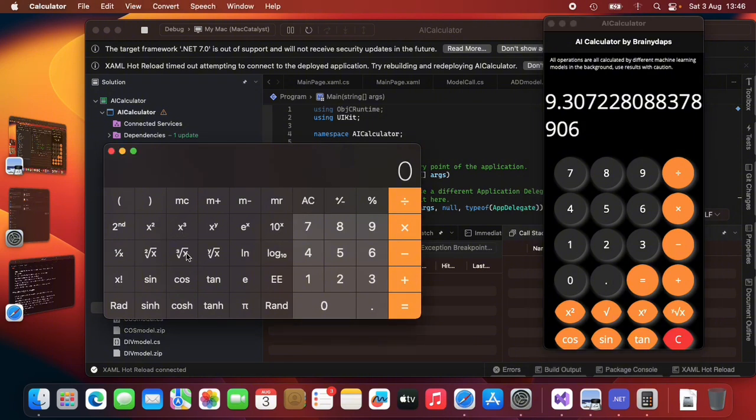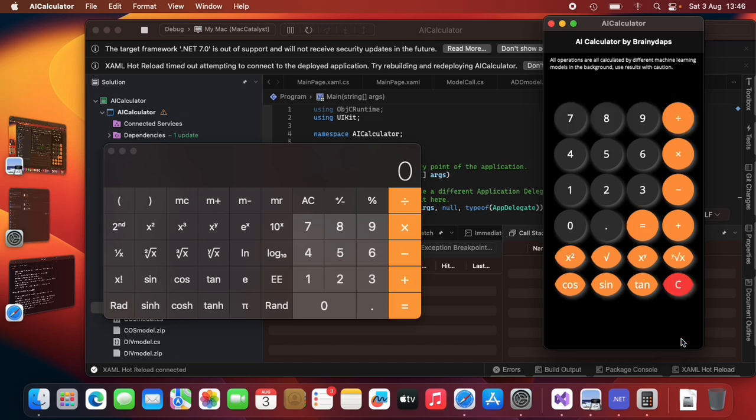Cube root 999. Wow, that was very close. Just about 0.6 difference. That was very close.